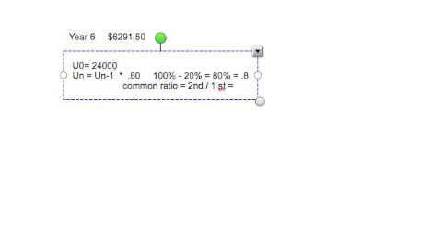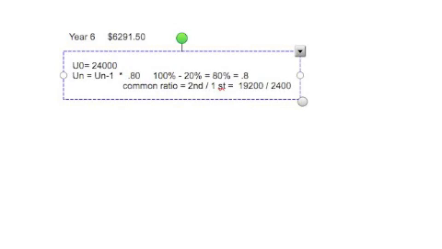The second term in our table is 19,200, and our first term is 24,000. And if you take 19,200 divided by 24,000, you will also get 0.8 as the common ratio. So those are the two different ways that you can find the value of the car.